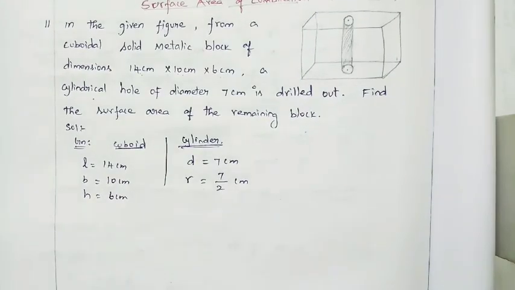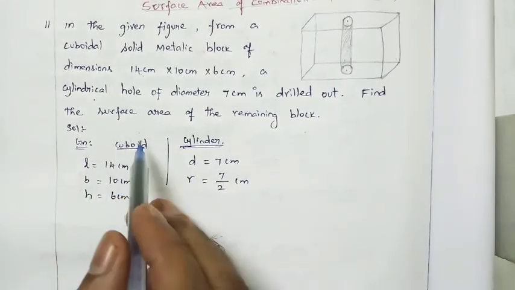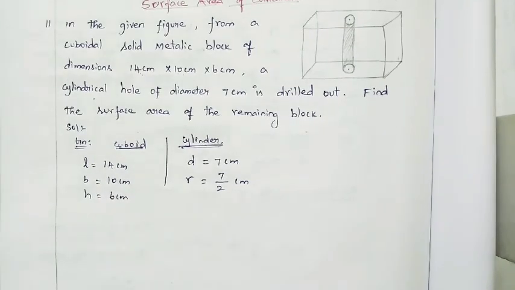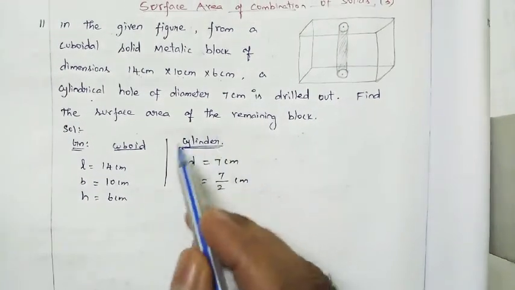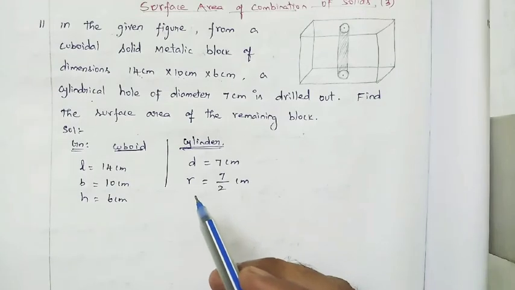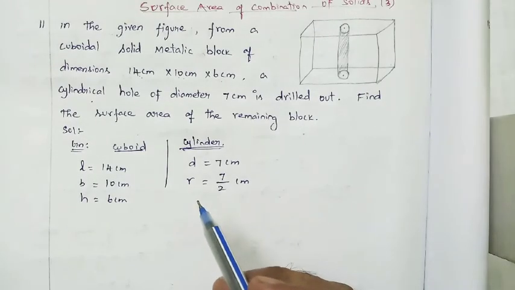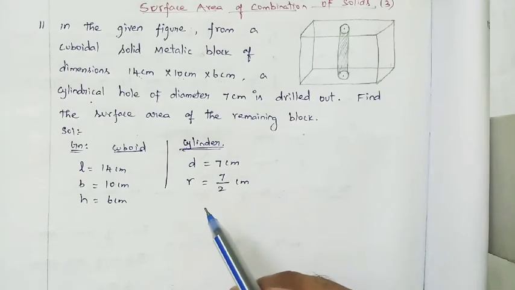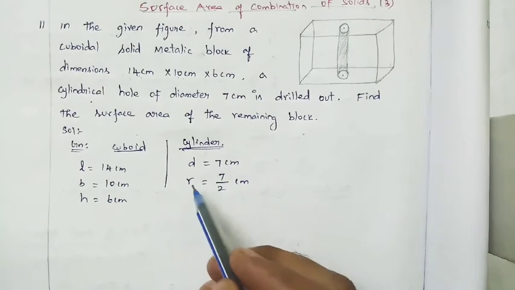For finding the surface area of a cuboid, we need length, breadth, height. For finding the surface area of a cylinder, whether it's total surface area or curved surface area, what are the things we need? Radius and height.